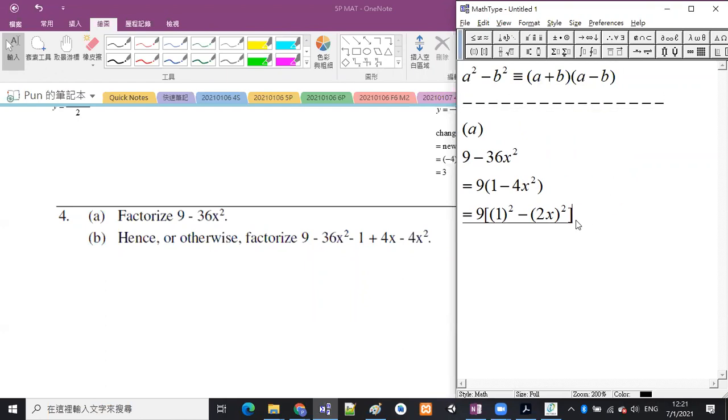In this case, we have the format of a squared minus b squared, where a is 1 and b is 2x. When I use the identity above, it becomes (a plus b) times (a minus b). And this is the answer of part A. Can you get this?